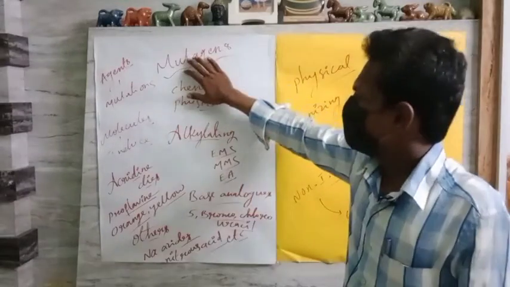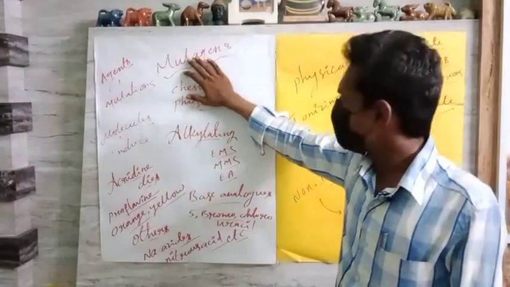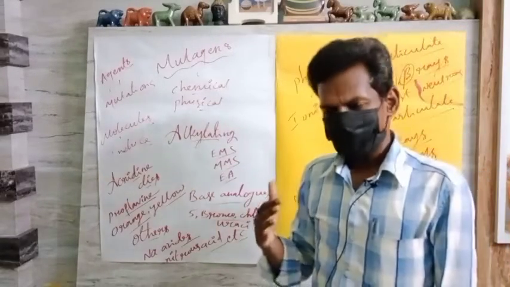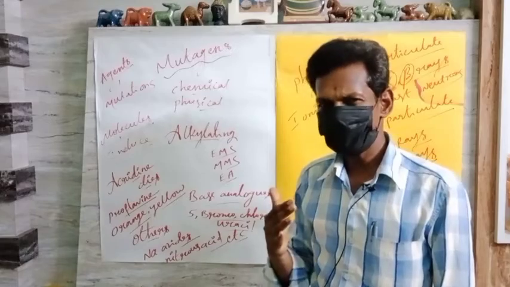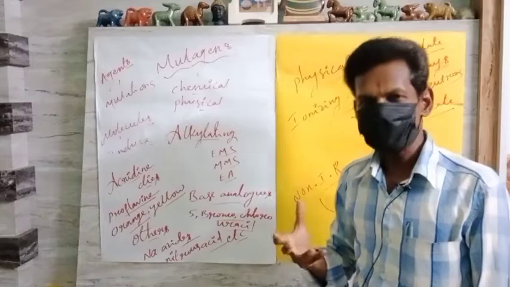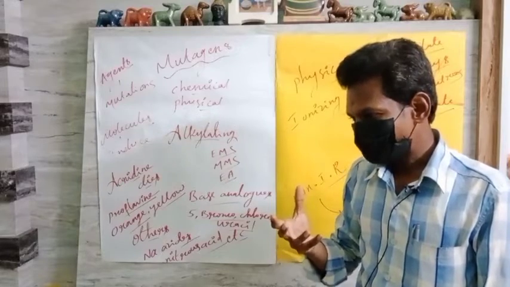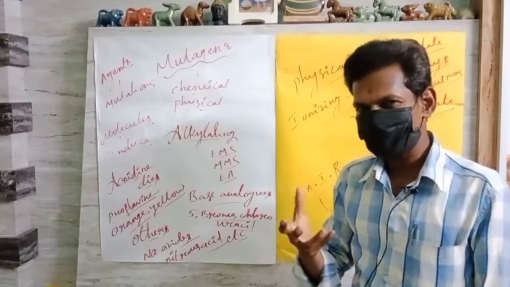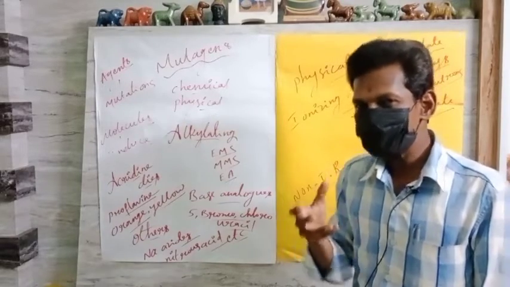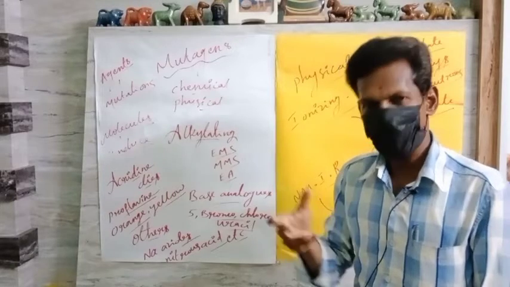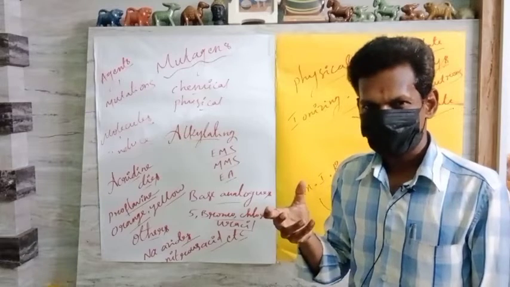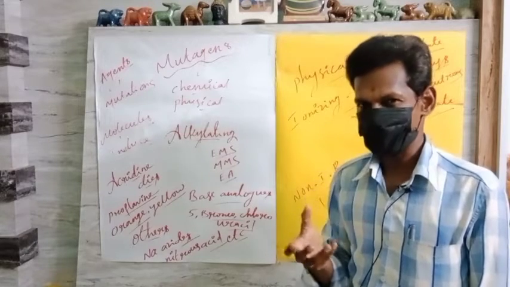Then I hope you are very familiar with mutation. What is meant by mutation? The sudden, undesirable, or unwanted changes or disturbance or an interruption that occurs or takes place in the arrangement or the sequence of the genes or the genetic code or the bonding, whatever it may be, that is known as mutation.